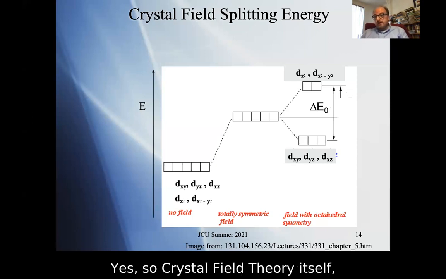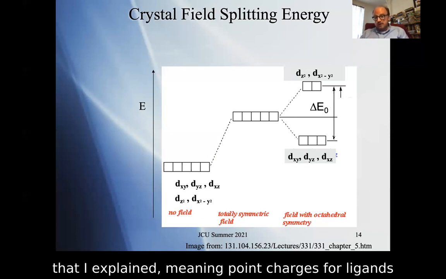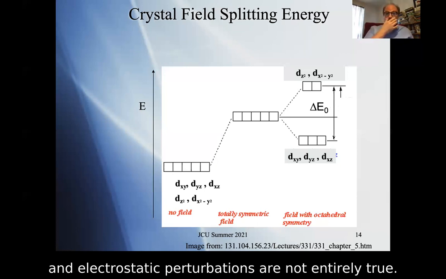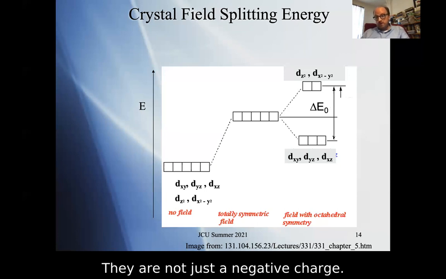There's a question. So crystal field theory itself, the model is flawed because the assumptions that I explained, meaning point charges for ligands and electrostatic perturbations, are not entirely true. There are many ligands that are neutral, and ligands for sure have volume. They are not just a negative charge.